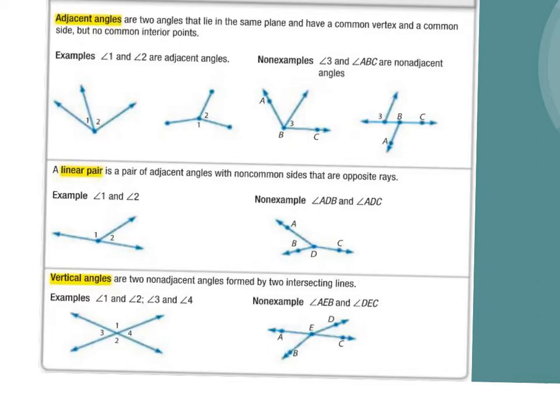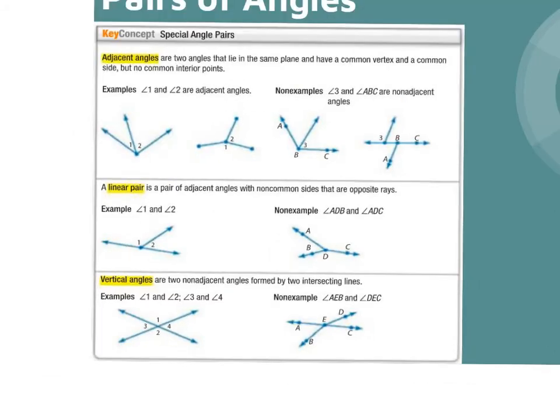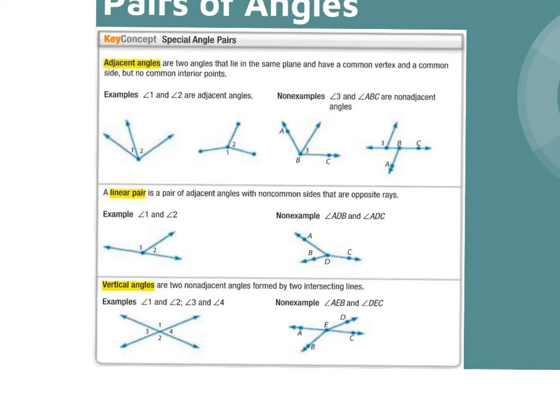This is a non-example because we don't have 2 intersecting lines. This is not a line. These are 2 rays, and this is a line. If we look closely, we also see that 1 and 3 could be adjacent angles, but 1 and 2 are vertical angles because they are non-adjacent angles.